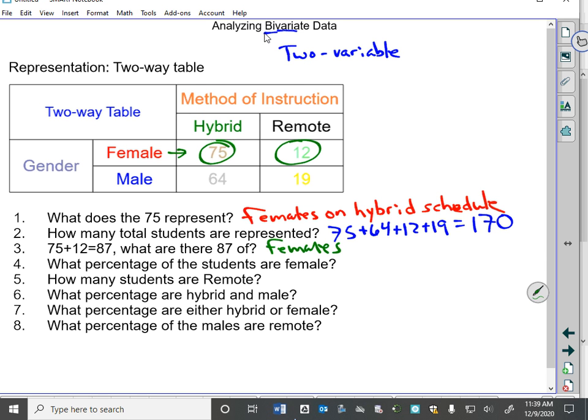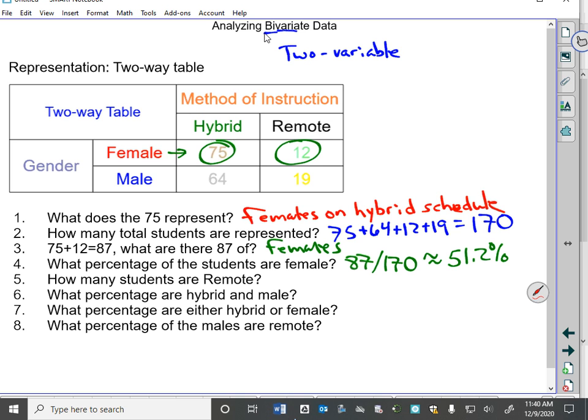What percentage of the students are female? Well, we have a total of 87 females out of 170 possible students. So if we do 87 divided by 170, we get approximately 0.512. So converting that to a percentage, that is about 51.2% of the students that are female.